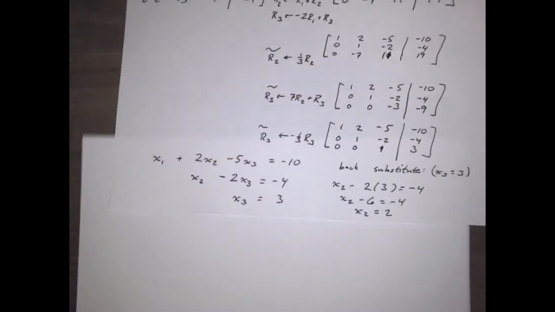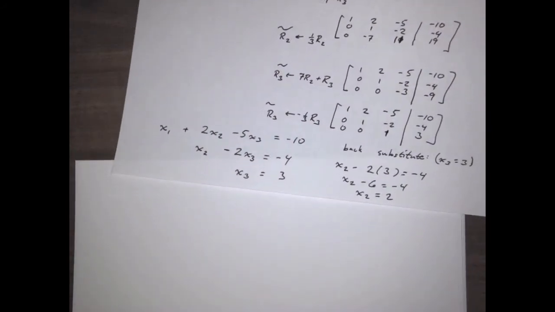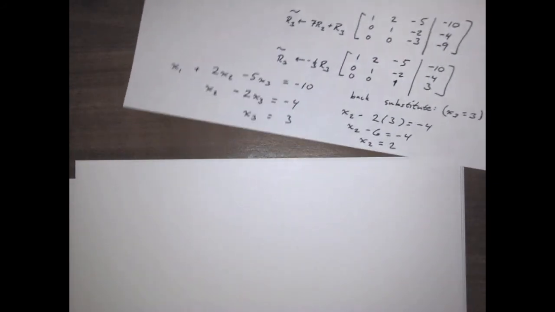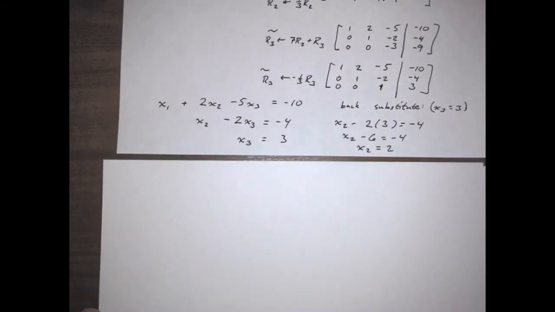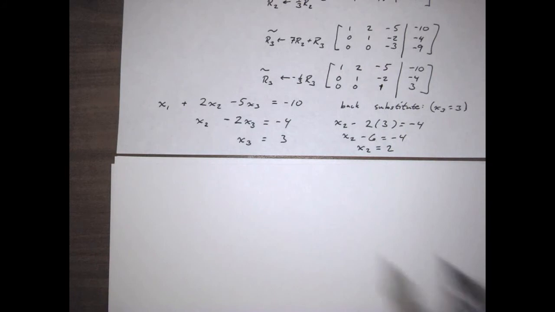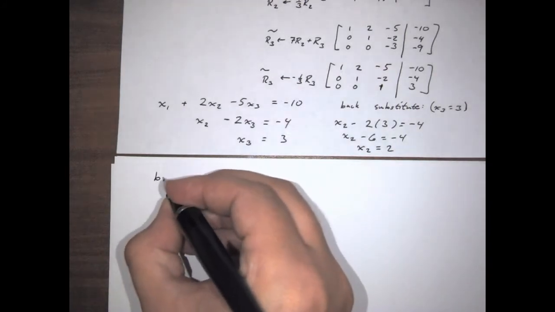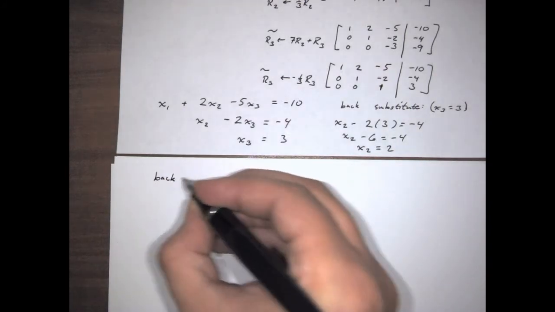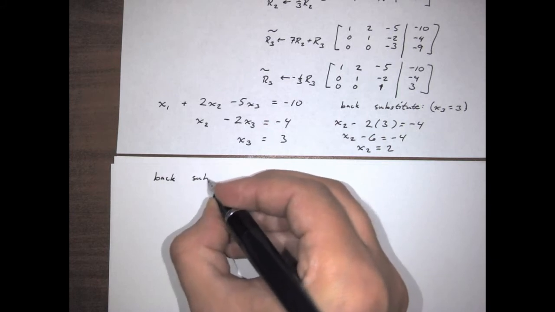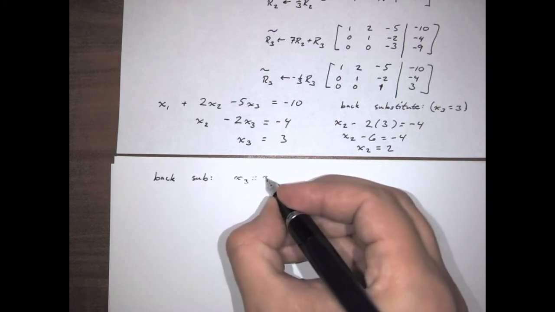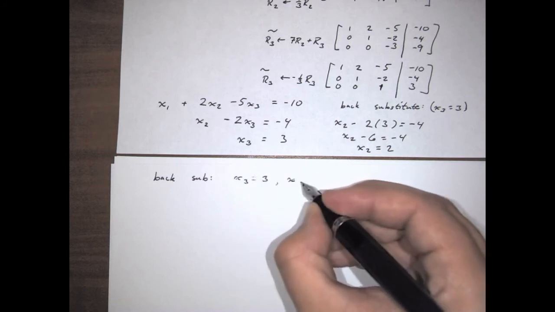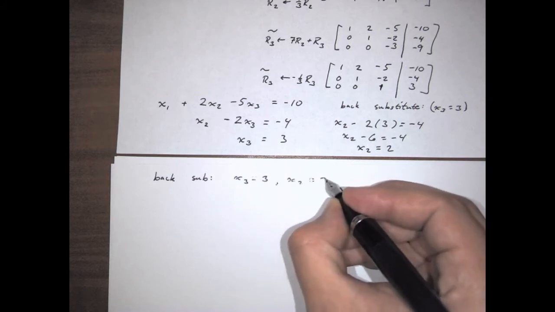All that's left is x1, which we again find by the process of back substitution. We have values now for every variable other than x1, so we put those into the equation. So now we back substitute x3 equals 3, x2 equals 2.